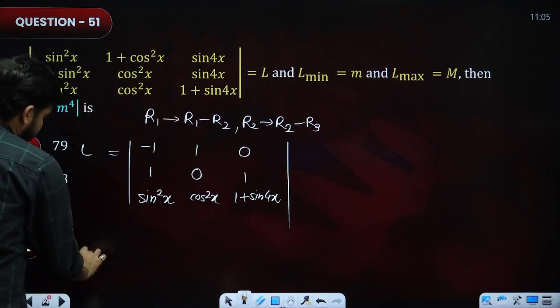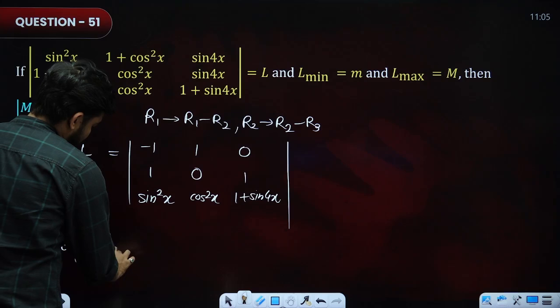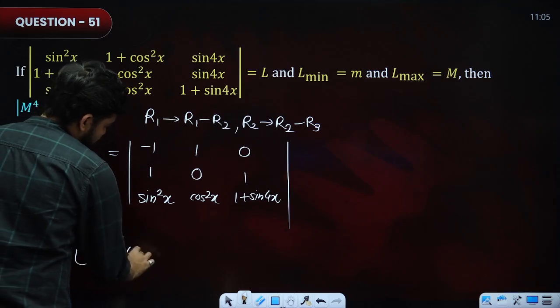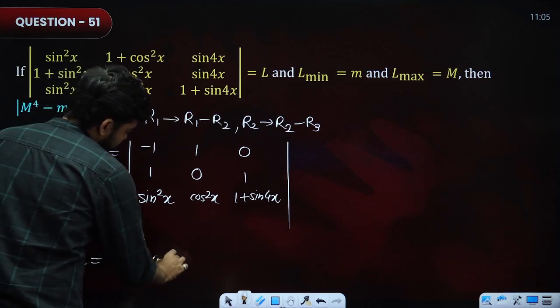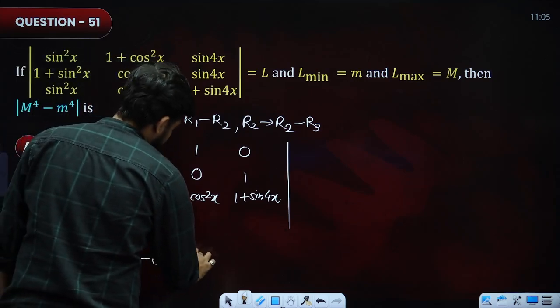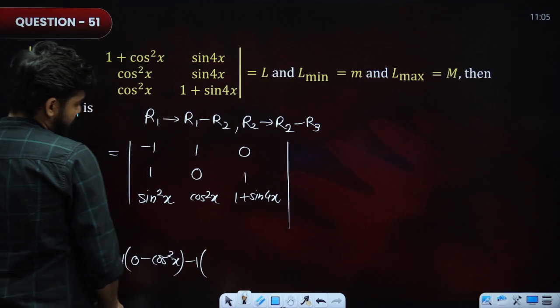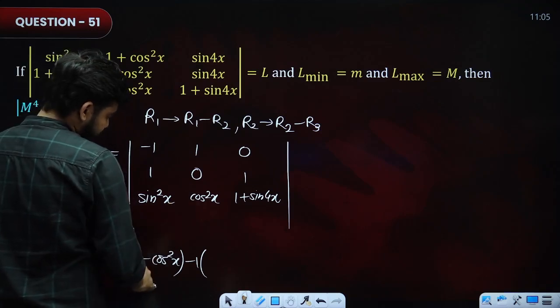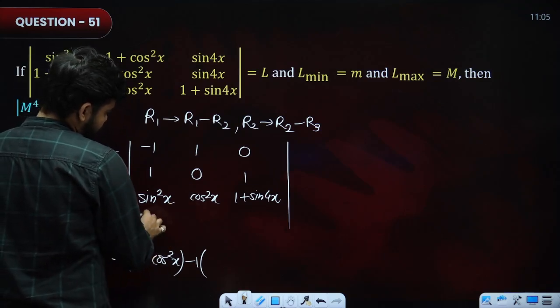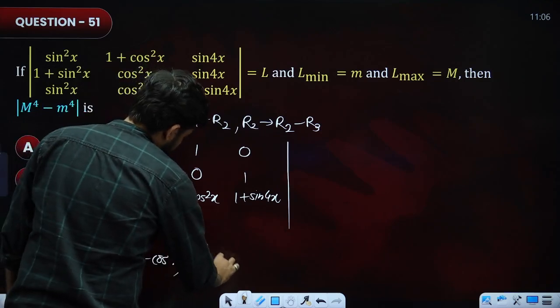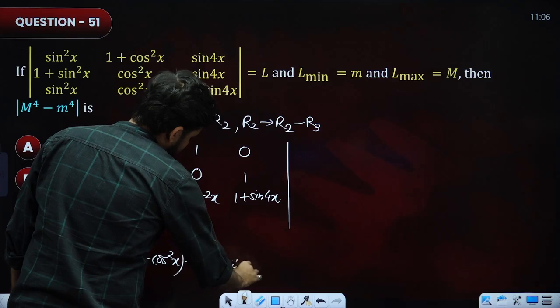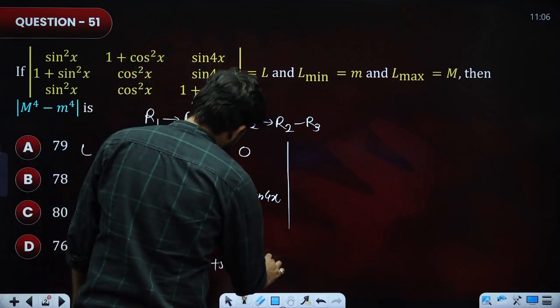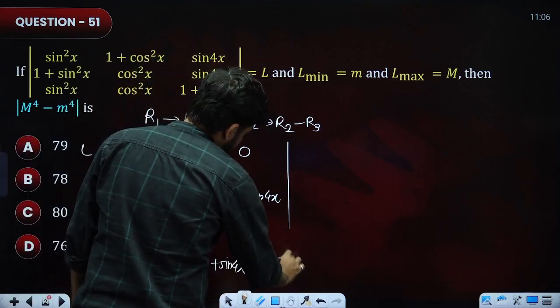Okay, so that's how L is equal to minus 1 into 0 minus cos square x, minus 1 into 1 plus sin 4x minus sin square x.